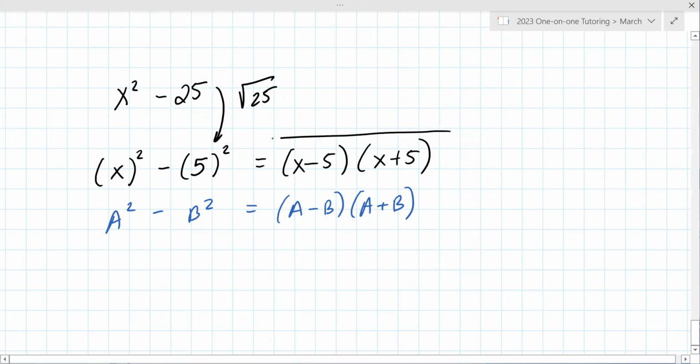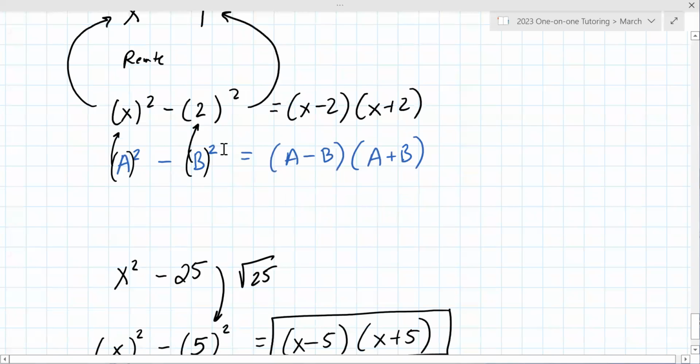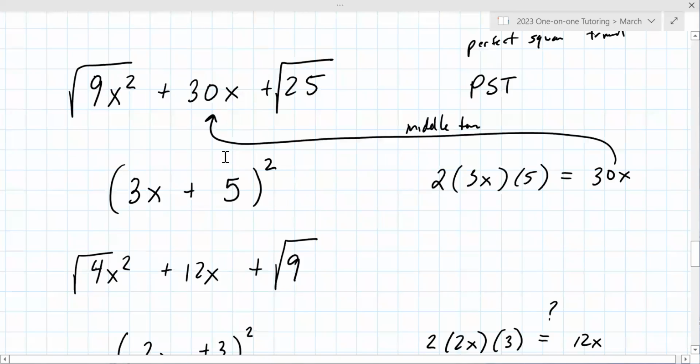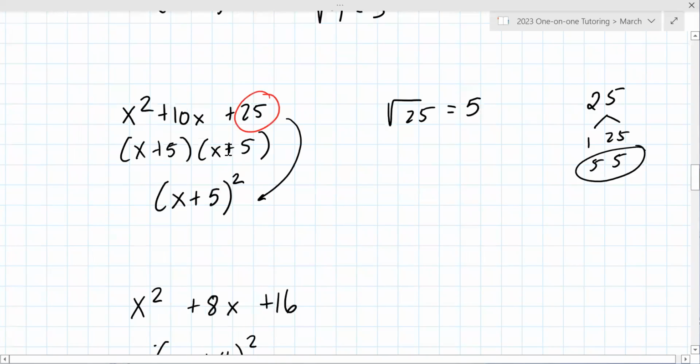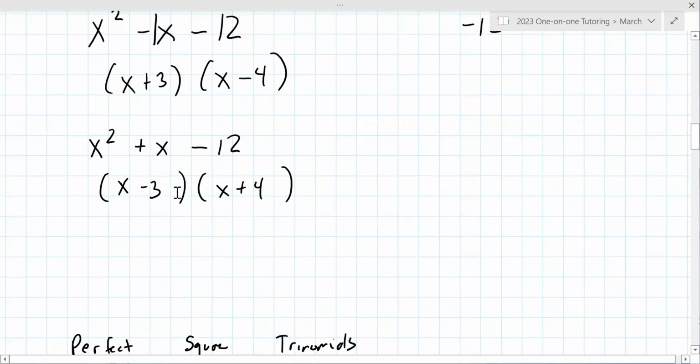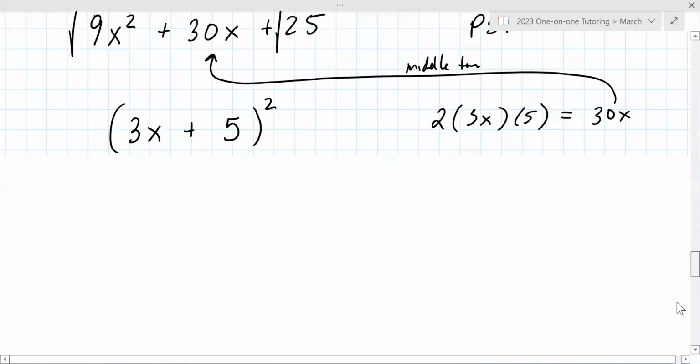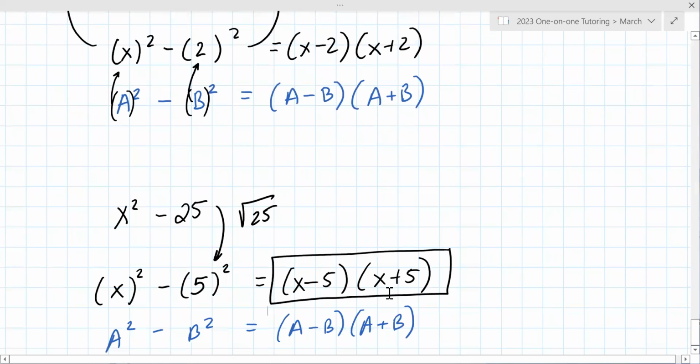That's it. That's what we're trying to get you to be able to write. Just like in the earlier problems, you need to write the 2 pairs, like x minus 3, x plus 4 for that one. For these, it's going to be x minus 5, x plus 5.